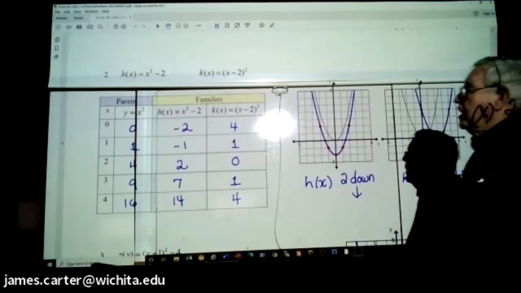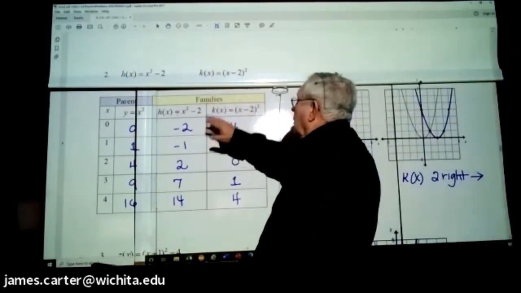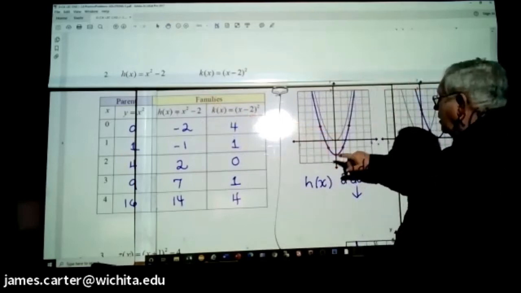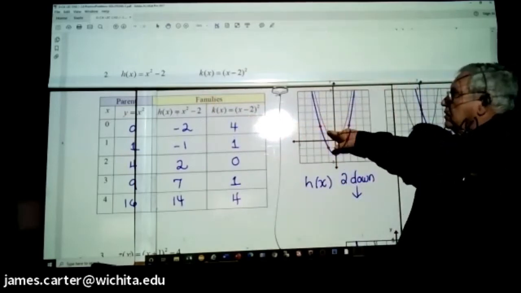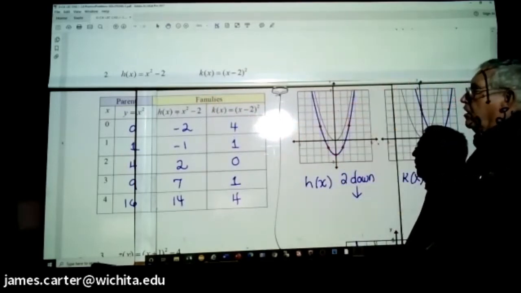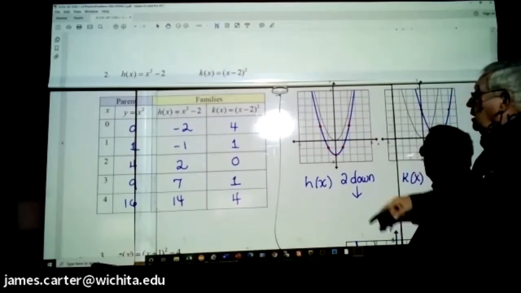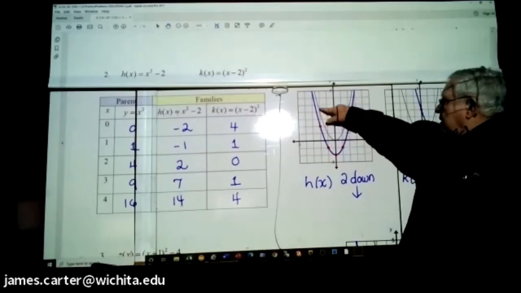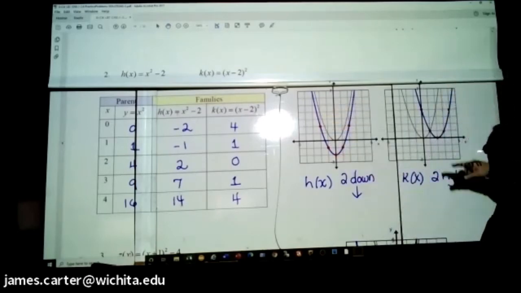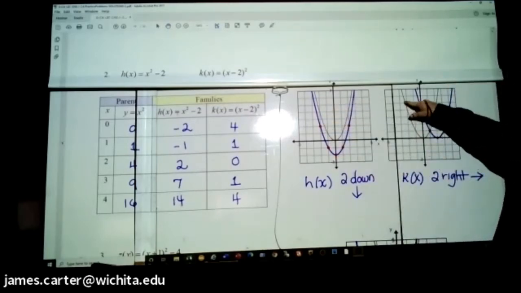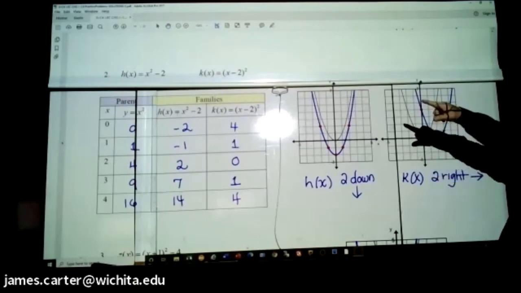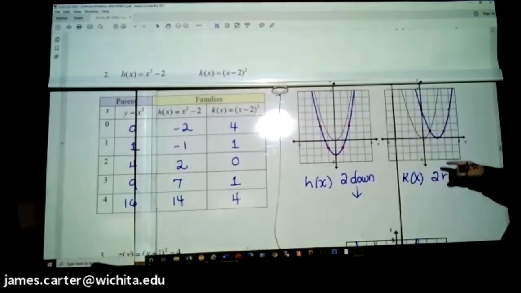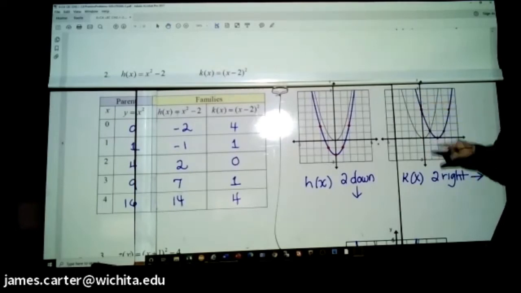So for h of x, we know that it's got to be a basic parabola because there's nothing in front of or with the x. And we know it's got to go down too. So it would be this graph. In this case also, here's your basic. And this time it's contained inside with it. So we shift it opposite of sign 2 places. And so here it goes.